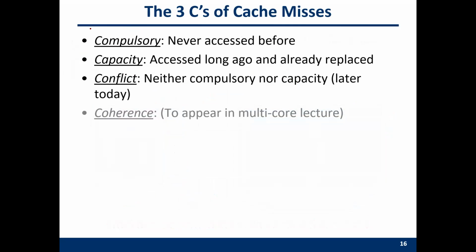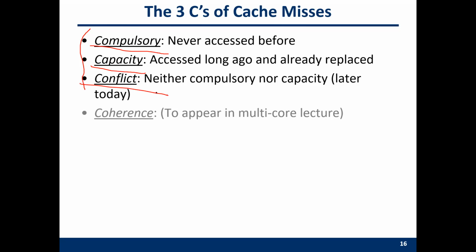So we have three different types of cache misses. The first one is compulsory. Compulsory means we meet a line we have never met before, for example, the cold start. The second one is capacity. The cache capacity is small, so we have to frequently do the replacement.